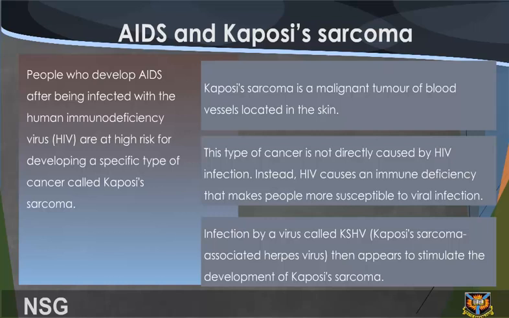This type of cancer is not directly caused by HIV infection. Instead, HIV causes an immune deficiency that makes people more susceptible to viral infection. Infection by a virus called KSHV, Kaposi's sarcoma associated herpes virus, then appears to stimulate the development of Kaposi's sarcoma.